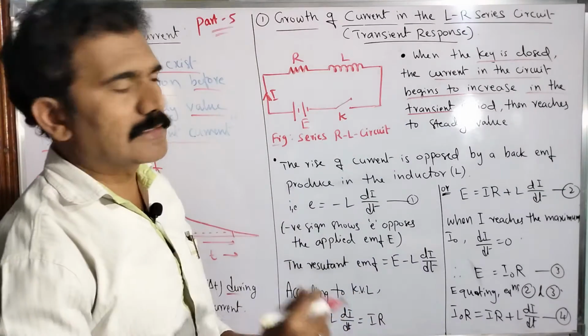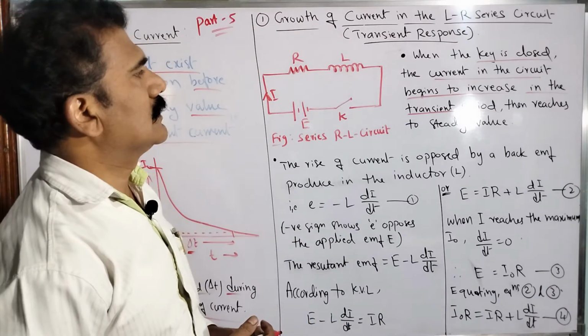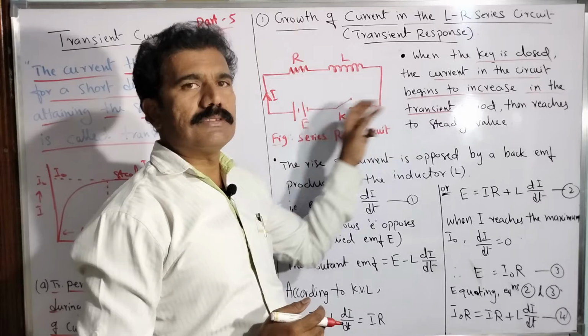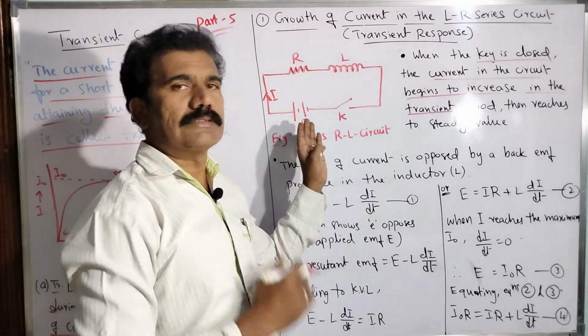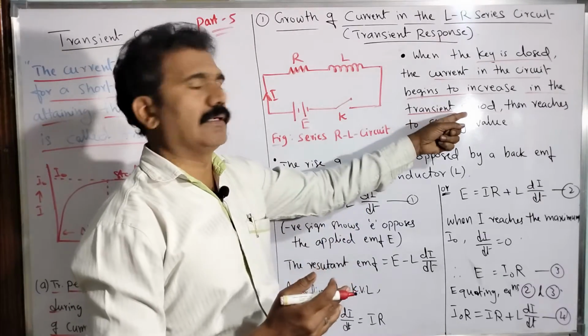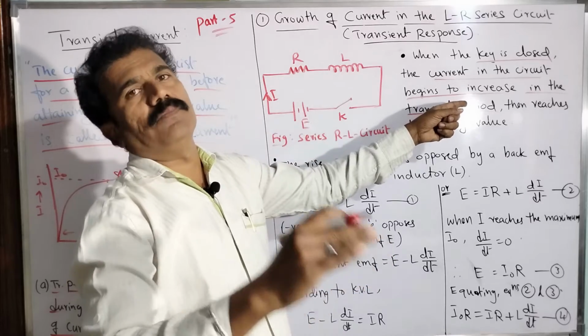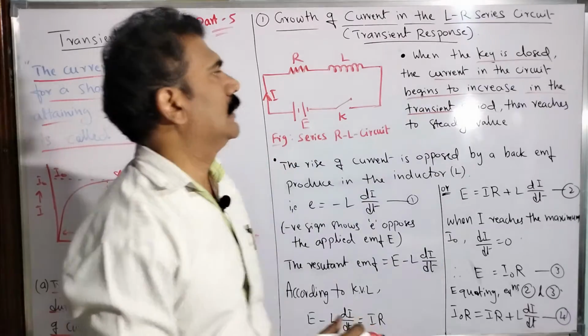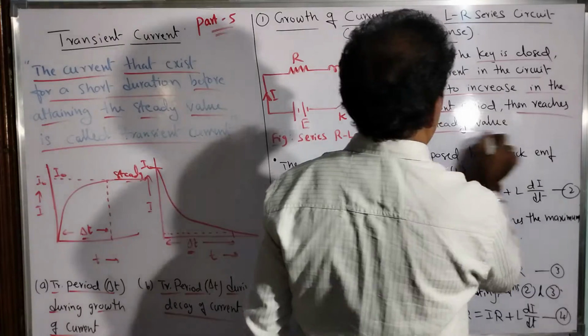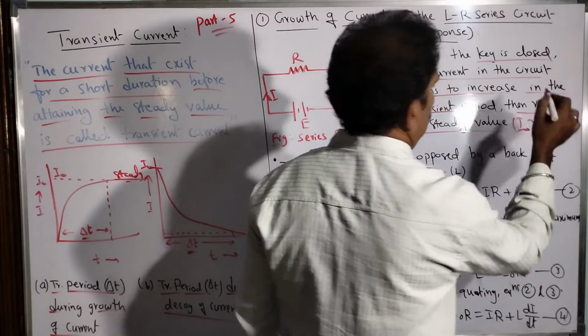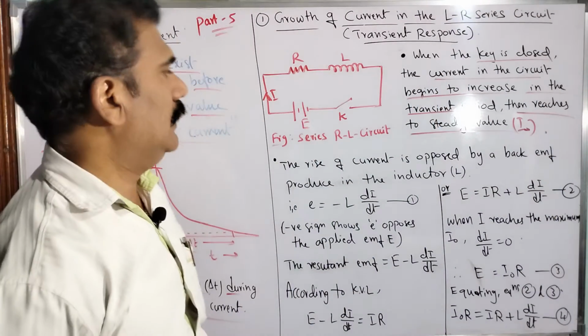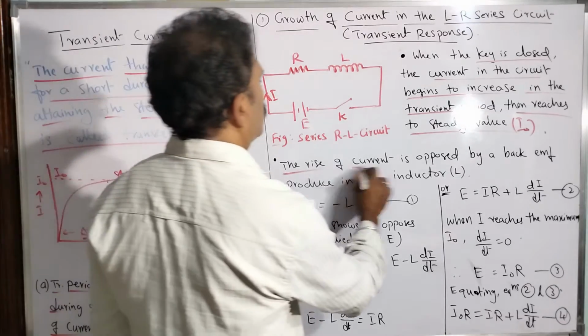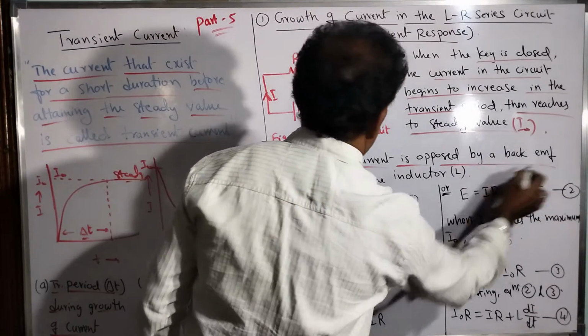Before that there is no current, 0. It starts increasing in the transient period and then reaches the maximum, which is called I naught, the steady value. Now the rise of current is opposed by the back EMF.